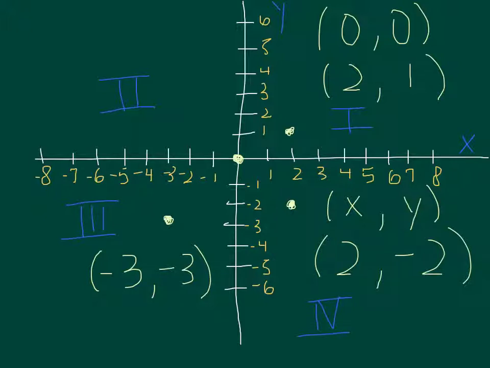In quadrant 1, it is both the positive x numbers and the positive y numbers. In quadrant 2, it is the negative x numbers and the positive y numbers. In quadrant 3, it is negative x and negative y. And quadrant 4, positive x, negative y.